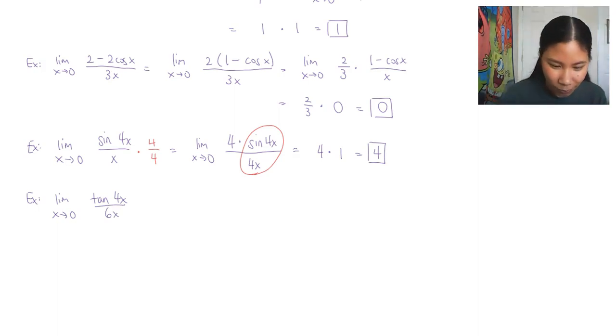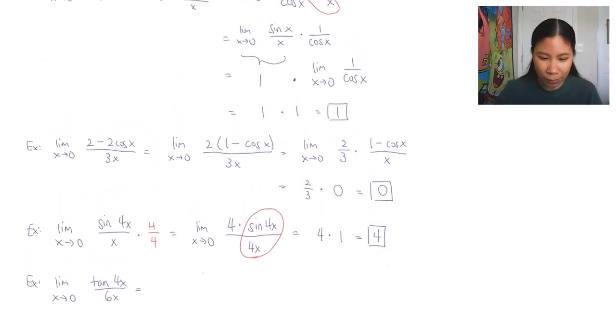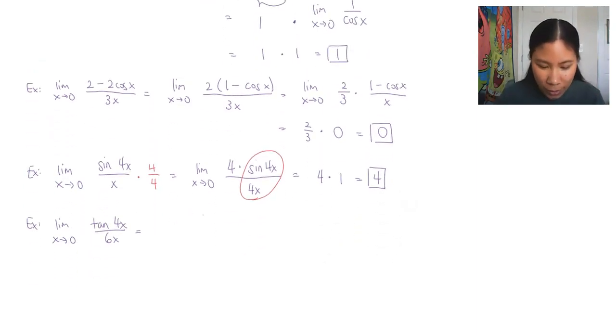Kind of like that first example we did with tan x over x, I'm going to rewrite this as the limit as x approaches 0 of sine of 4x over cosine of 4x, because that gives me tan of 4x all over 6x.